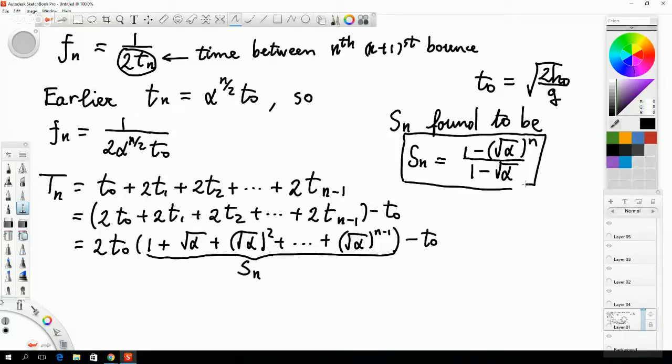Okay, so you plug this into the expression for Tn, and you just end up, after a bit of rearrangement, with T0 times 1 plus square root of alpha minus 2 square root of alpha to the n over 1 minus square root of alpha. Okay, so this is the expression for Tn in terms of alpha and n.